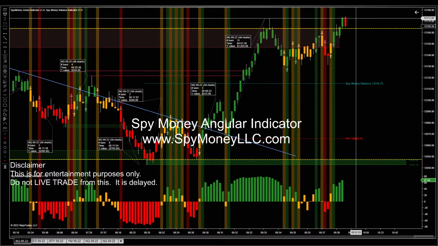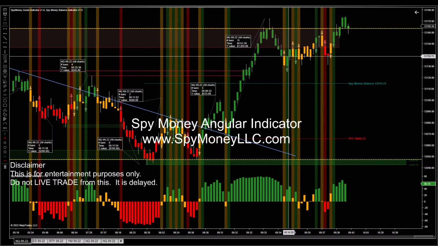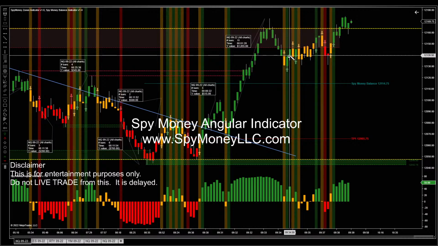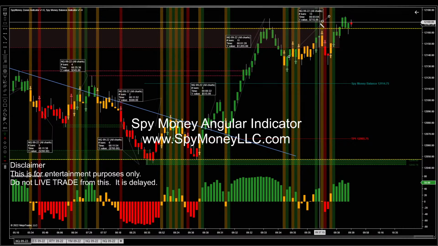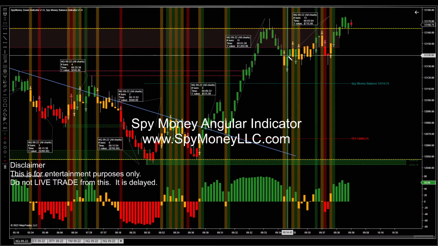So we are like a few ticks over it. Still not sold that it's going to push through here. So as it turns out, if you would have entered a trade right there, which I did not, you'd have been well over your $500 because you would not have been stopped out. So that was actually a good trade. Not one that I recommended.